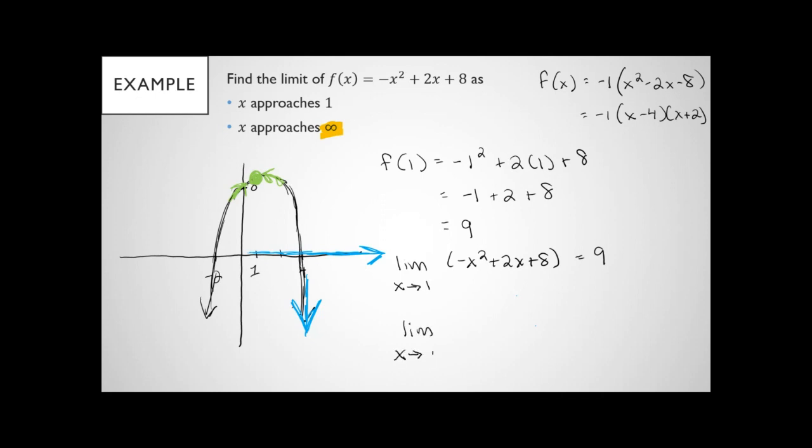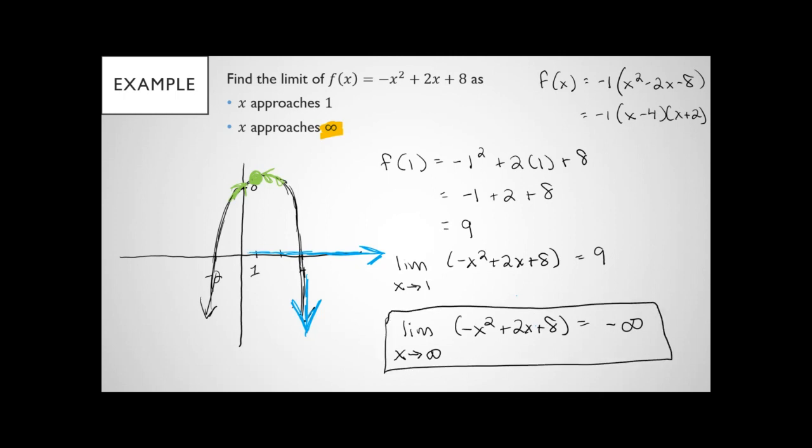So our limit as x approaches infinity of this function, -x squared plus 2x plus 8, is equal to negative infinity. This is basically saying if I was to keep going on forever plugging in x values and they get bigger and bigger, my y value is going to get smaller and smaller, and it's basically going to approach negative infinity.